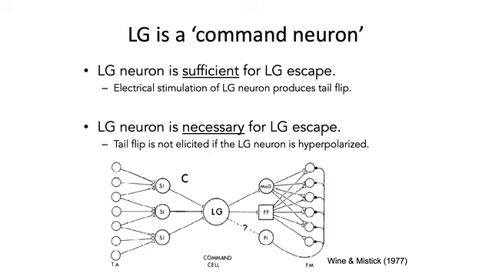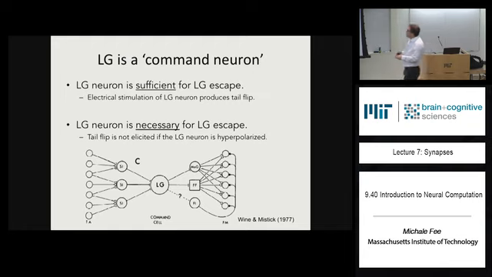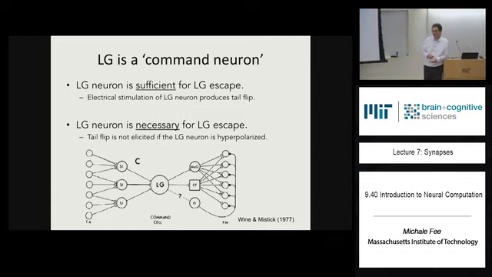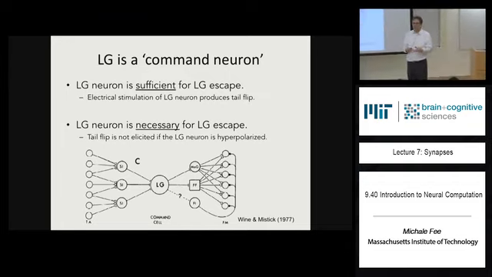That is because if you just depolarize that one neuron, it activates that entire escape reflex, okay? And if you hyperpolarize that neuron, inhibit that neuron, you completely suppress the escape reflex, okay? And now what's really interesting is that that neuron has inhibitory inputs that control the probability that the animal will elicit this escape reflex, okay?